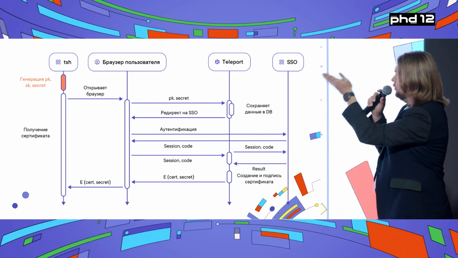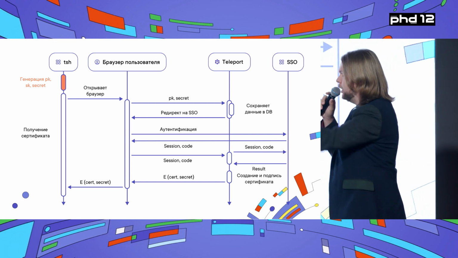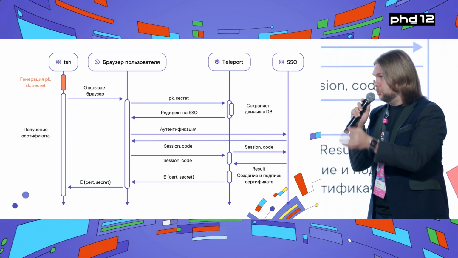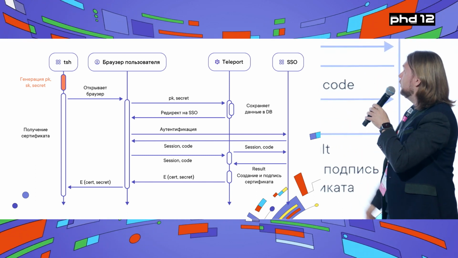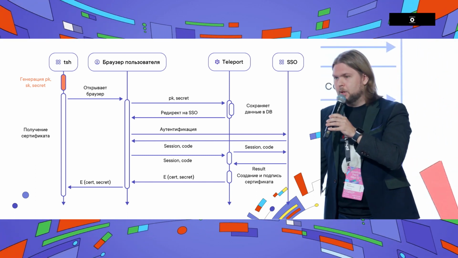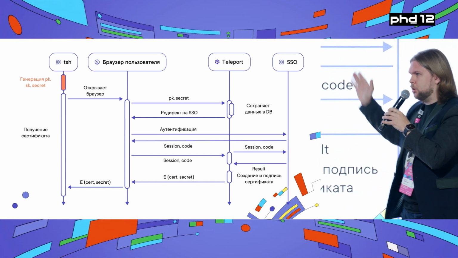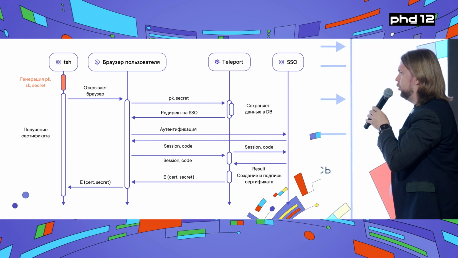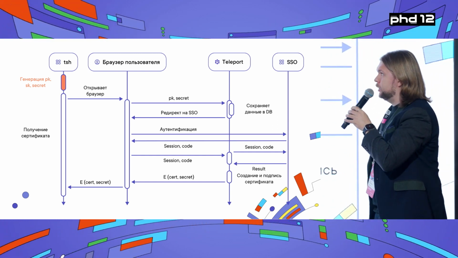So there are several main steps and several actors in the framework of such an authentication. First of all, we have a client which is using the TSH utility. Then there is a browser, Teleport itself, and we also have some SSO provider, some Keycloak, which is connected to Teleport using OpenID Connect or something like that.